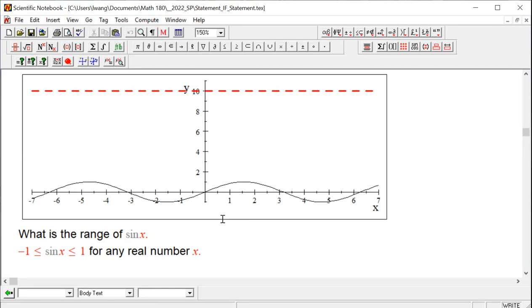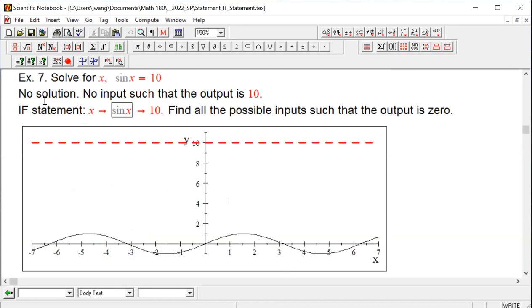And of course, it cannot be equal to 10, right? So if you just quote the range of sine is between -1 and 1, then your answer is perfect.